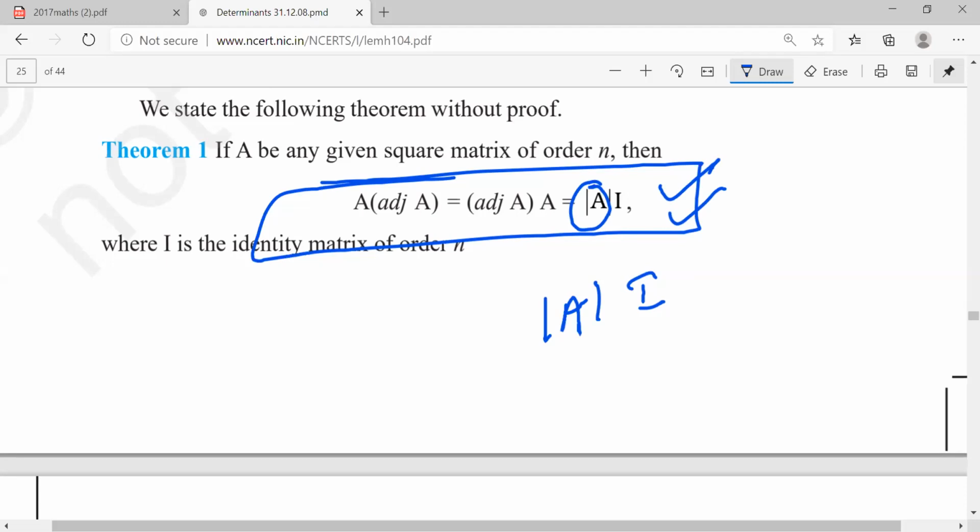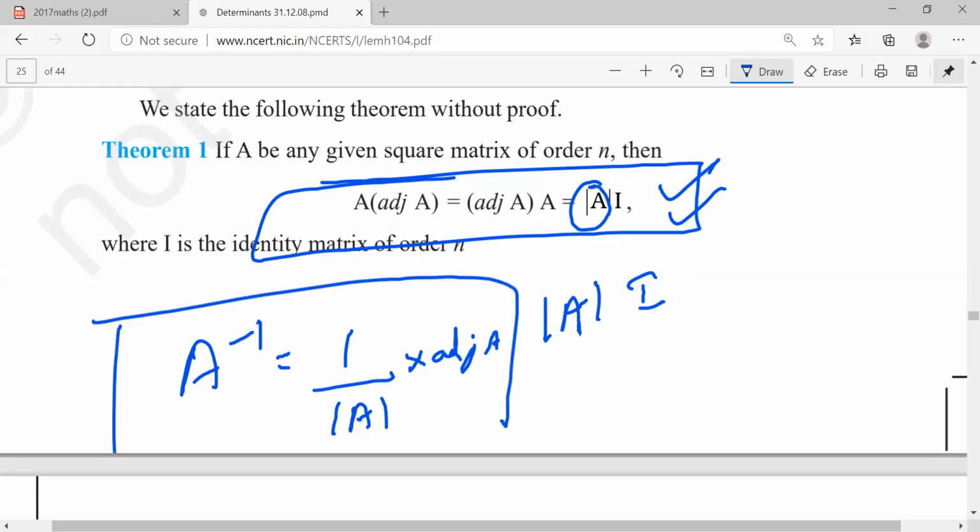One more thing is also there. A inverse is equal to 1 by determinant of A into adjoint of A. Copy down this also.